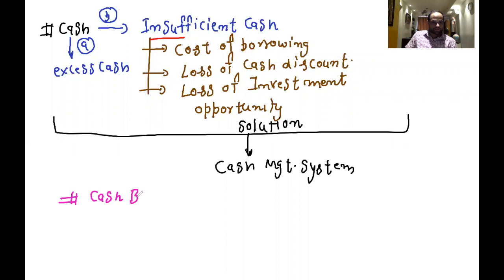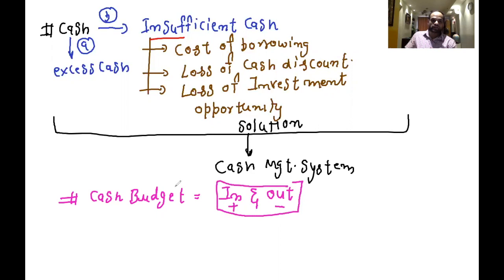Cash budget, basically, it represents cash inflows and cash outflows, right? Cash in and cash out. By preparing a cash budget, we will be able to understand from which sources we're gonna have cash in, from which sources we're gonna have cash out. I mean, where cash will be out, all right?